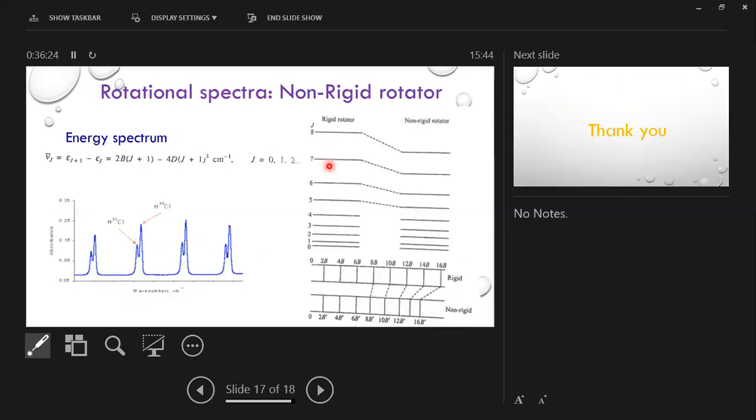So you will see, due to this non-rigidity, in the energy spectrum there is a negative contribution, the centrifugal distortion term. So energy levels will be reduced. So energy bands will be shifted towards left. Now you see, for this one, okay, no, I think this is not the right spectrum to show.